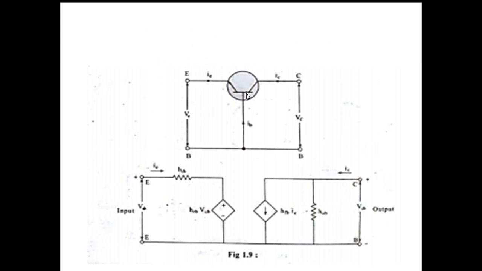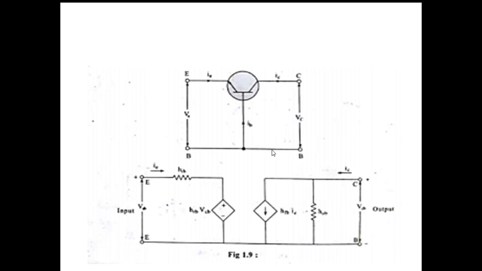In the common base configuration, the base is grounded, and this is the emitter terminal. So the emitter and base are the input terminals, and collector and base act as the output terminals. Across the input terminals, input voltage is applied, which is taken as VE. By applying VE as the input voltage, IE current flows.